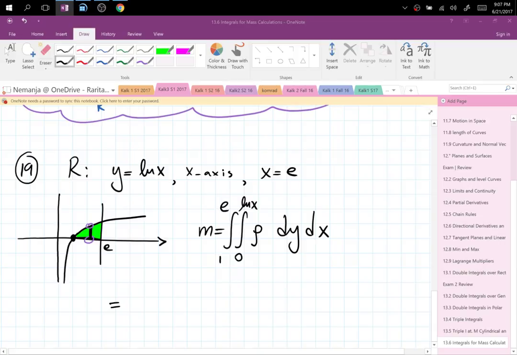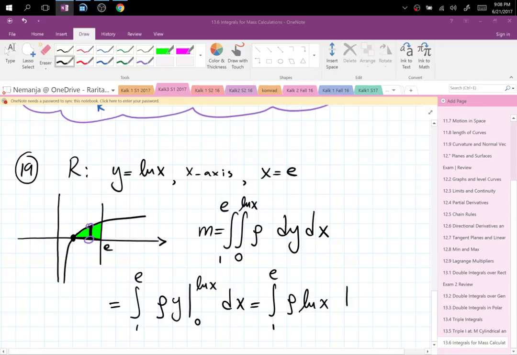So to calculate mass, 1 to e, we have rho, y from 0 to ln x. We still have dx. So this is the integral from 1 to e of rho ln x, and then we have dx.